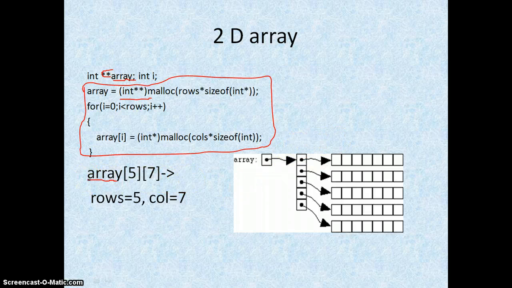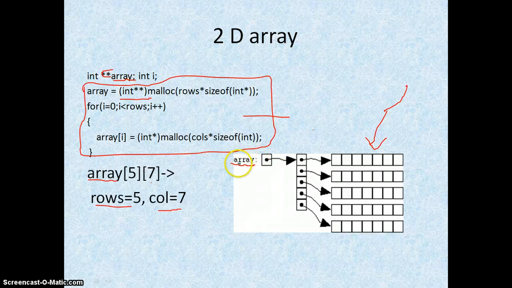When we say an array of 5 cross 7, the number of rows is 5 and the number of columns is 7. Now let us take this example diagram and correlate it with this code. When we say array, look at this.